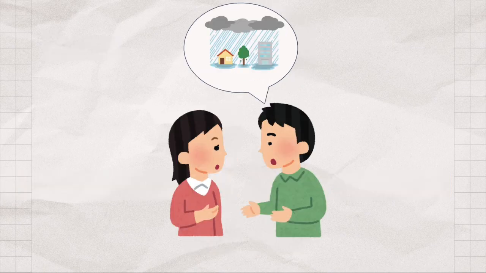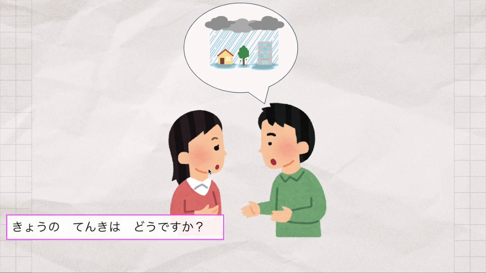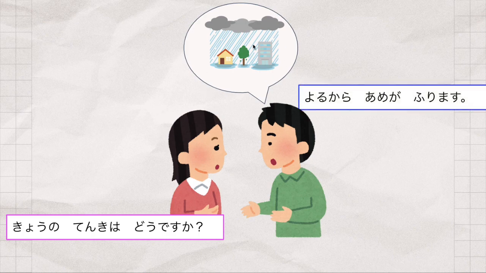The next picture shows that these two young people are communicating, and the woman asks what kind of weather they're going to have today. 今日の天気はどうですか? And then the man answers, as you can see from this illustration, it's raining, so the man says it's going to rain from night. 夜から雨が降ります.